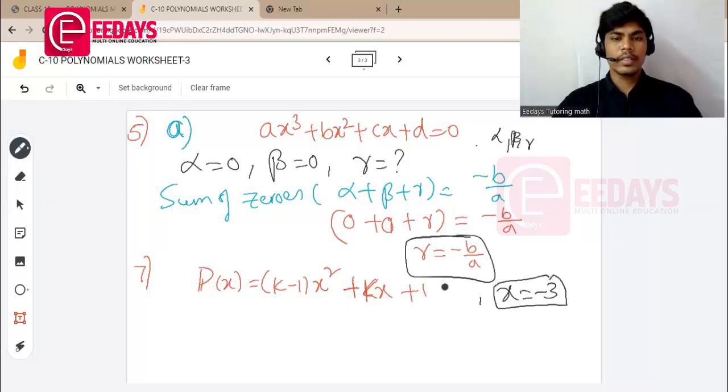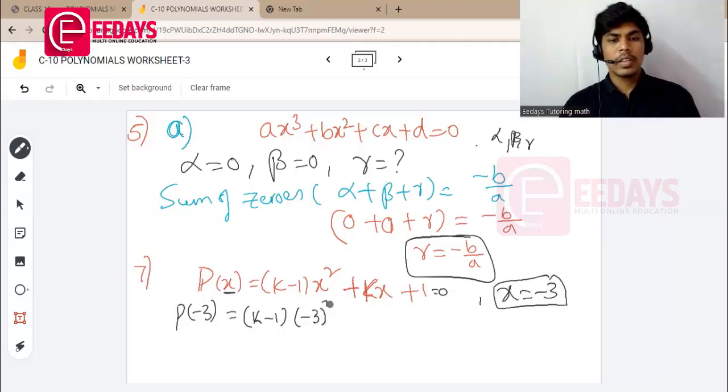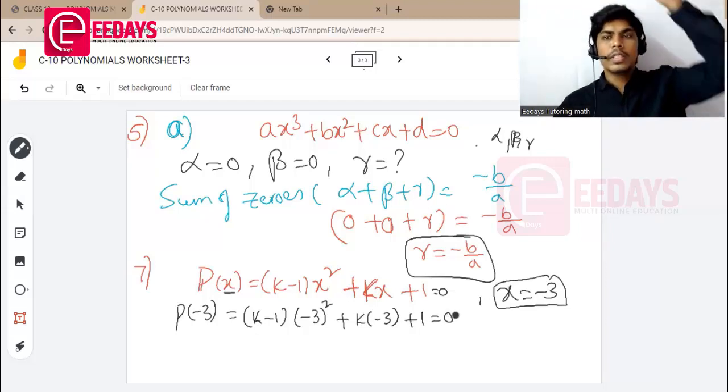So in the place of x, you just substitute minus 3. P of minus 3 is equal to (k minus 1) into (minus 3) whole square plus k into minus 3 plus 1 is equal to 0.